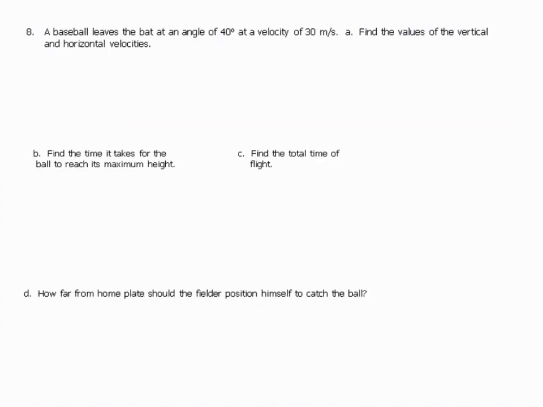So number 8, a baseball leaves the bat at an angle of 40 degrees at a velocity of 30 meters per second. Find the values of the vertical and horizontal velocities. Let's draw a picture first. Here's our 30 meters per second.